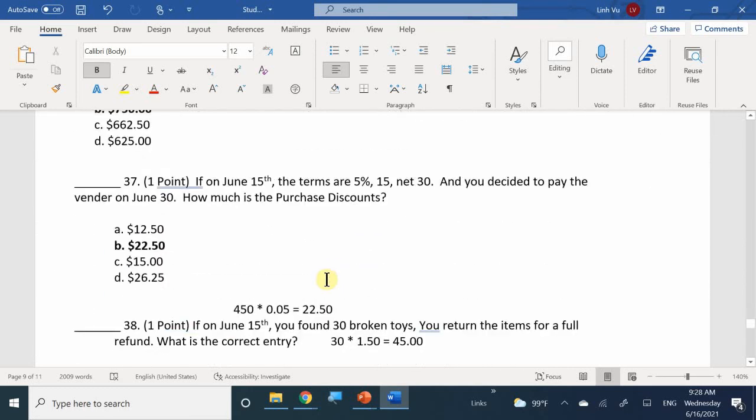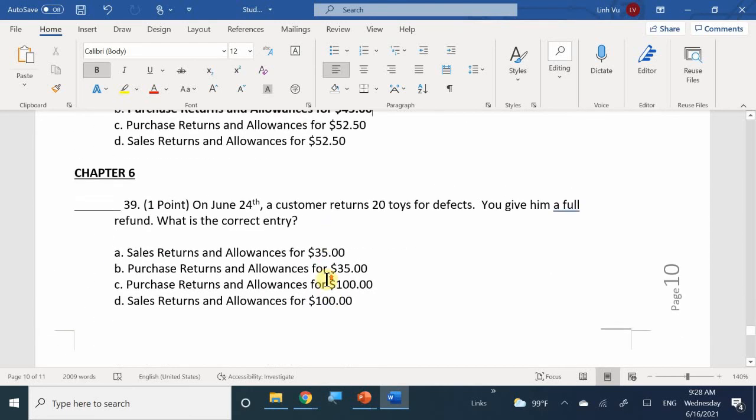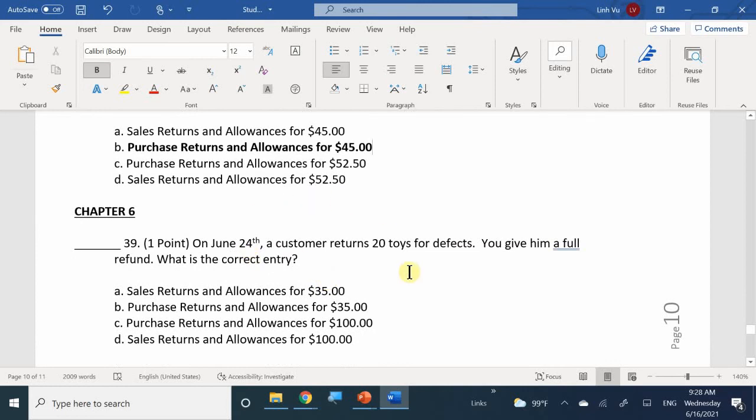If the question is asking, they're trying to return 20 of those toys, what is going to be the amount that I'm going to be refunding? Which entry is correct? Is it D, sales returns and allowances? It's either A or D. It's D, because we're looking at the selling price.